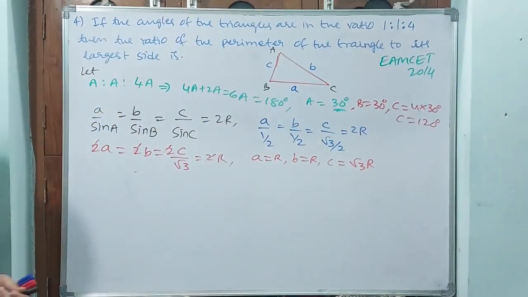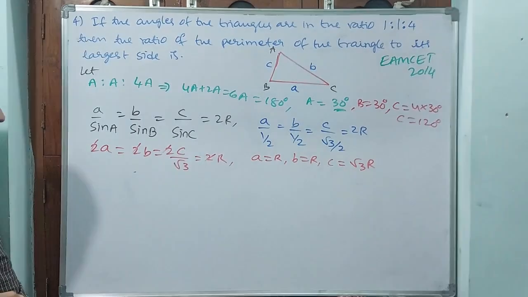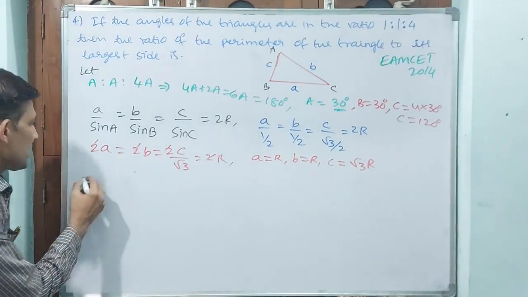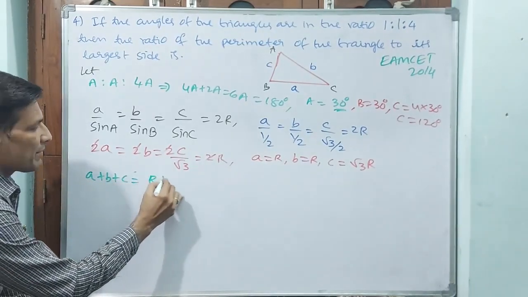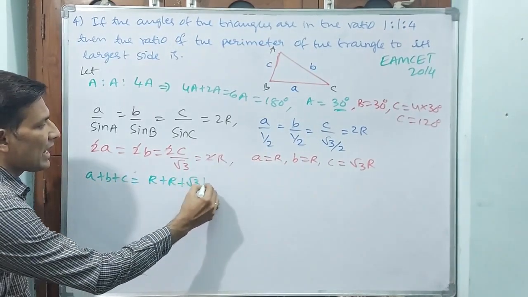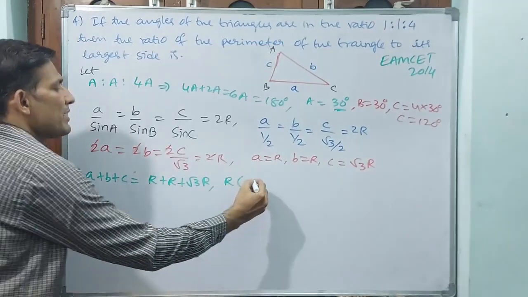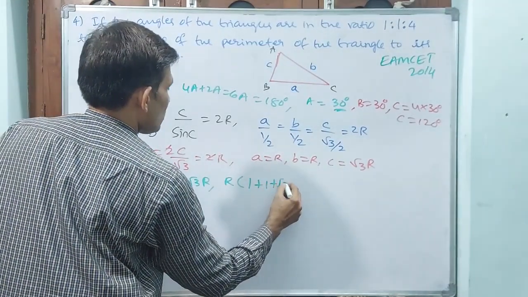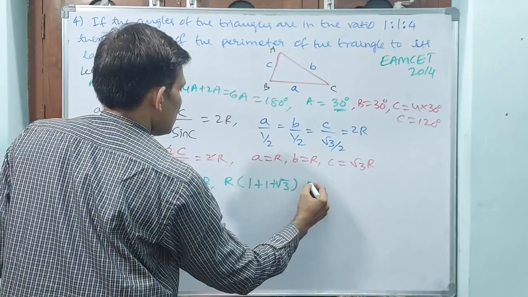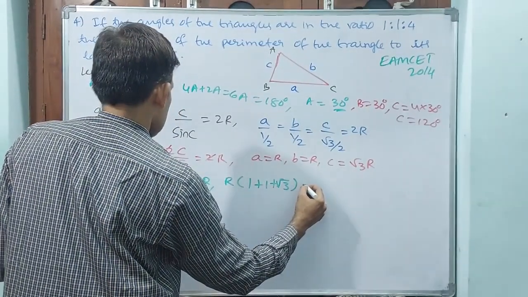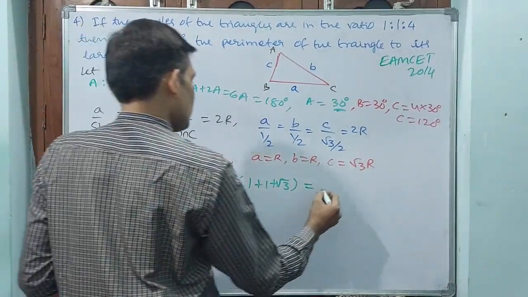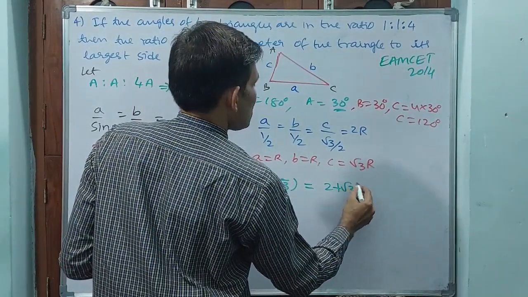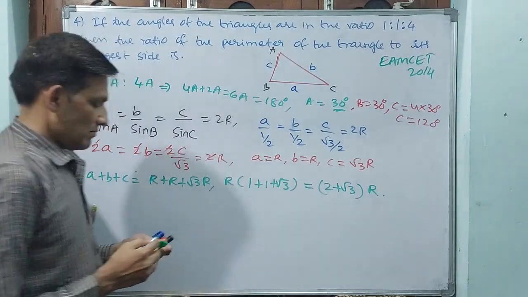Understand? Okay? Find perimeter. Perimeter a plus b plus c is equal to R plus R plus root 3 R. R if I take common, 2 plus root 3, R will be your perimeter.